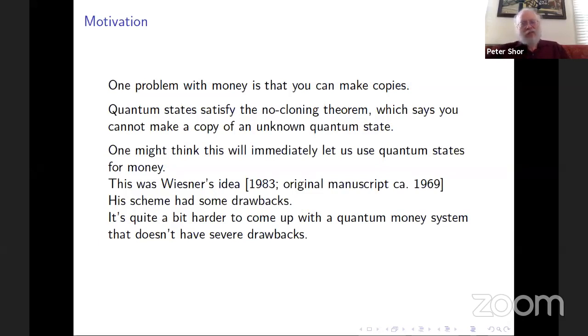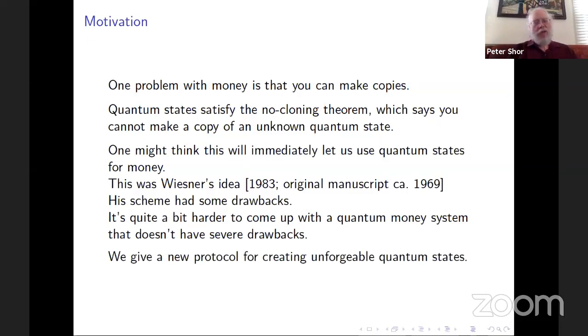His scheme had drawbacks, but it's quite a bit harder to come up with a quantum money scheme that doesn't have severe drawbacks. So people started doing this around 10 years ago. And what we want to do is give a new protocol for creating unforgeable quantum states that is based on the security of lattice problems.